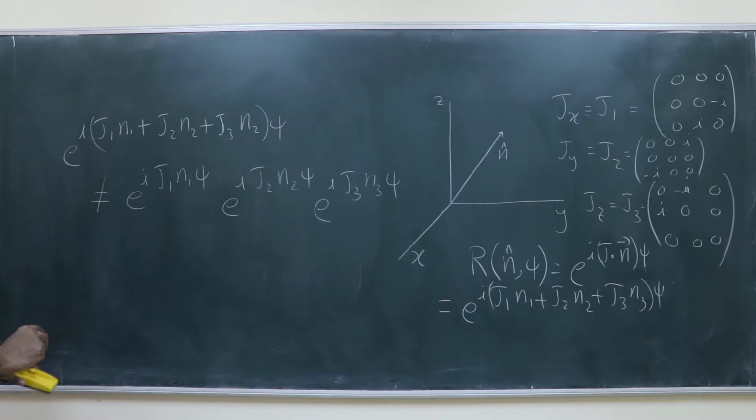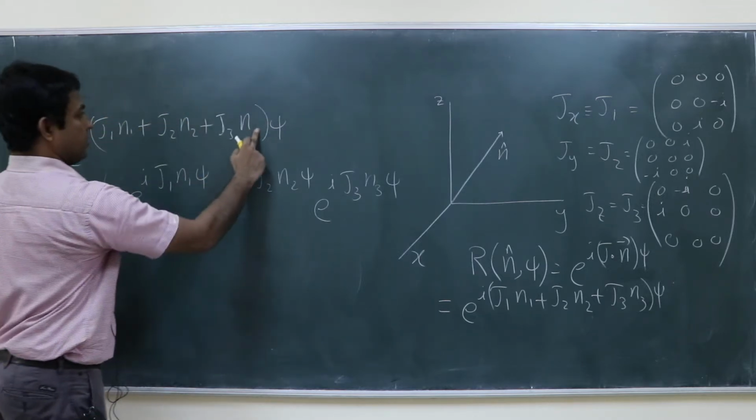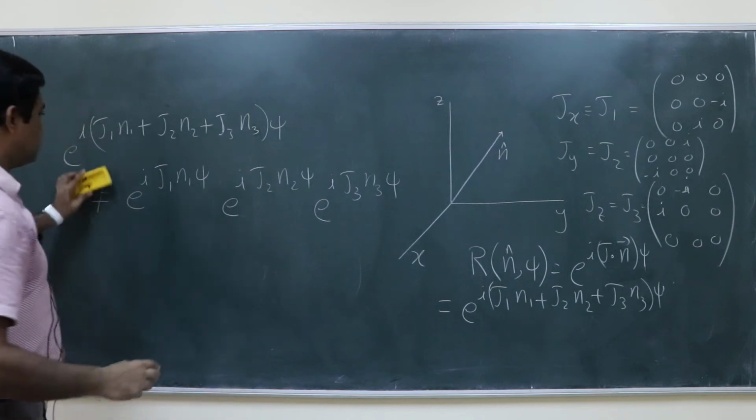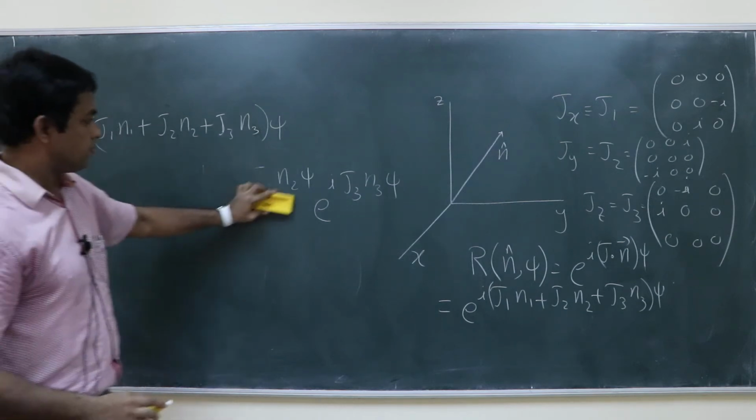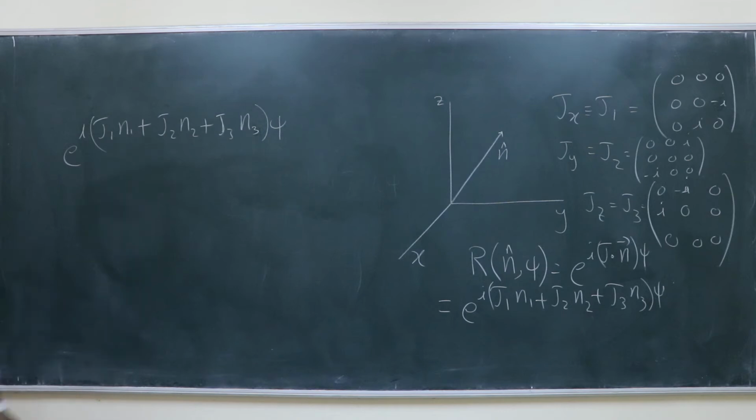So we should have a way to find this quantity. What is the dimension of this matrix, e to the power i (J1 n1 plus J2 n2 plus J3 n3)? 3 cross 3.